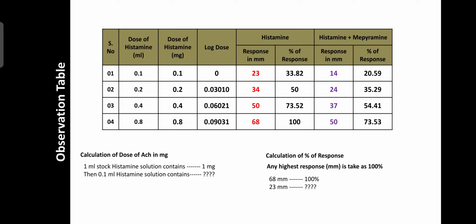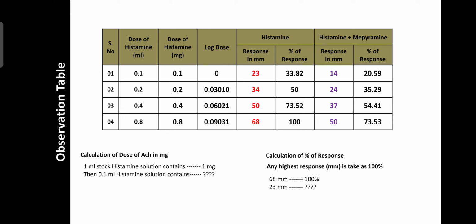Then 68 mm is 100%, then 23 mm is how much? We get 33.82. Like that, the 34 mm response is 50%, then the 50 mm response is 73.52, and 68 is already considered as 100.